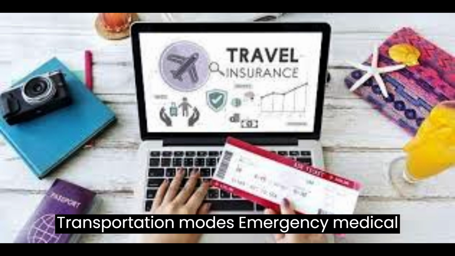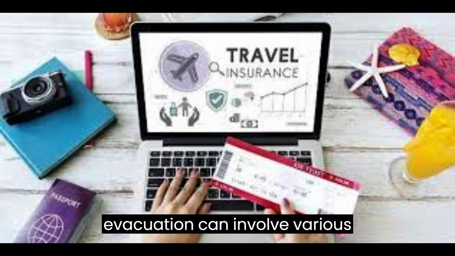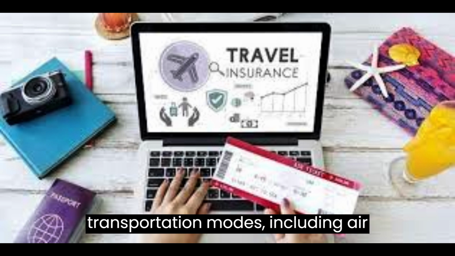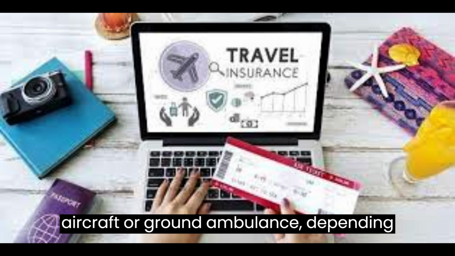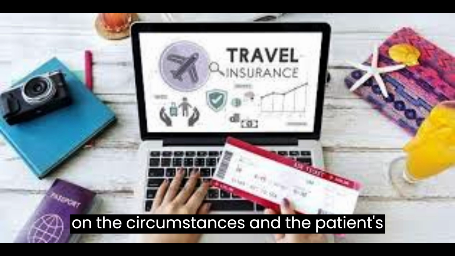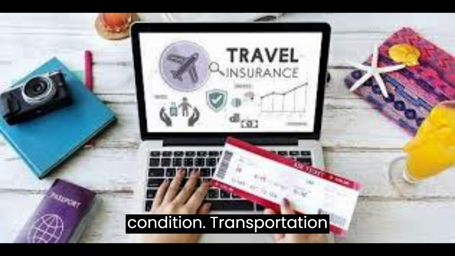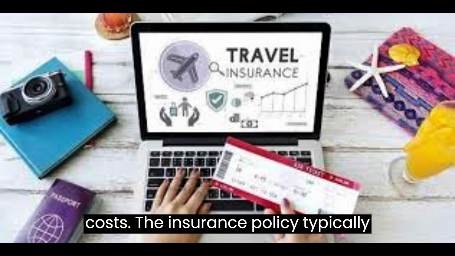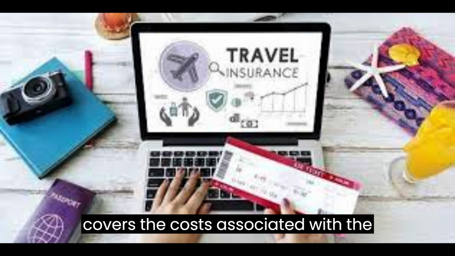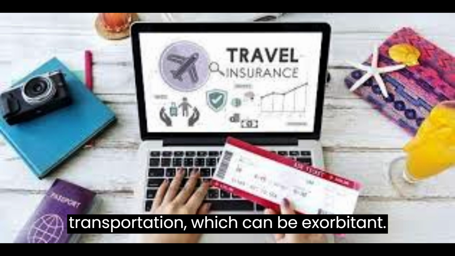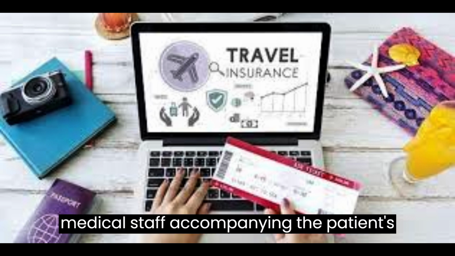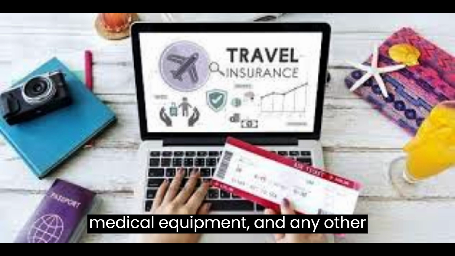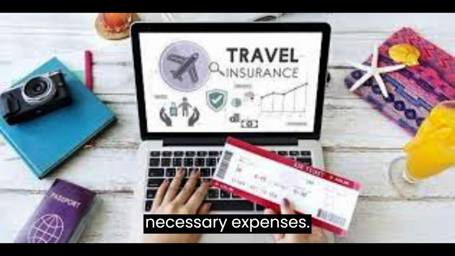Transportation modes: emergency medical evacuation can involve various transportation modes, including air ambulance, helicopter, fixed-wing aircraft, or ground ambulance, depending on the circumstances and the patient's condition. Transportation costs: the insurance policy typically covers the costs associated with the transportation, which can be exorbitant. This includes the transportation itself, medical staff accompanying the patient, medical equipment, and any other necessary expenses.